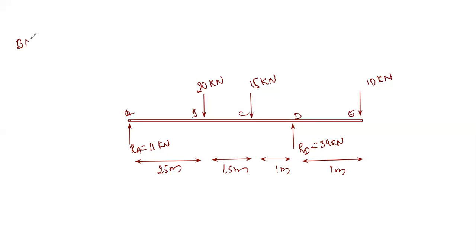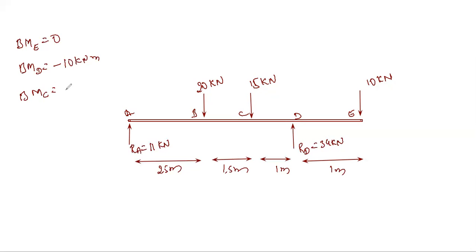Bending moment at a point E is 0, right? Bending moment at a point D, we have calculated it is minus 10 kilonewton meter. Bending moment at a point C, we have calculated in the previous class.